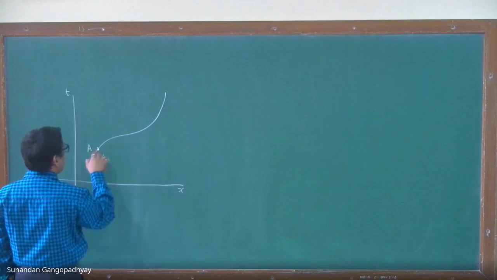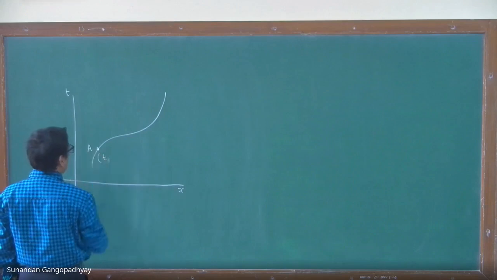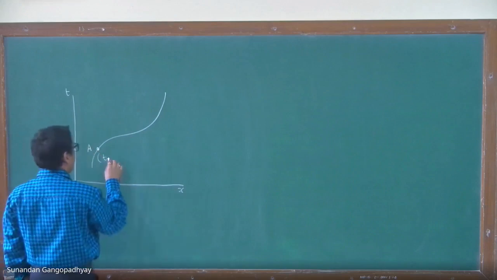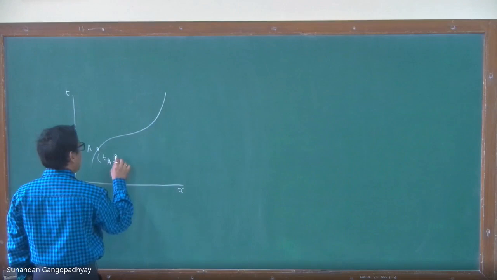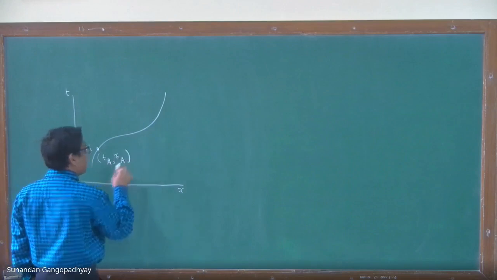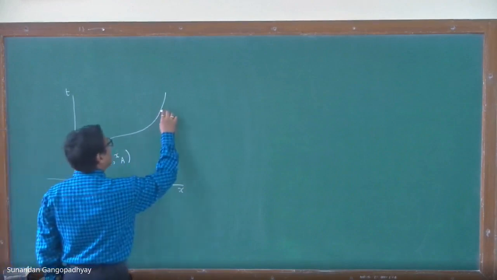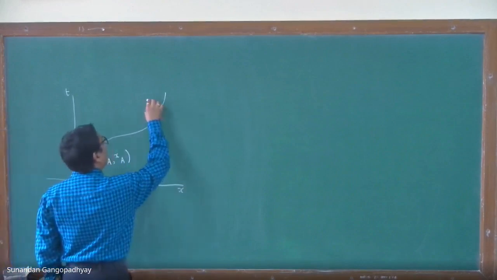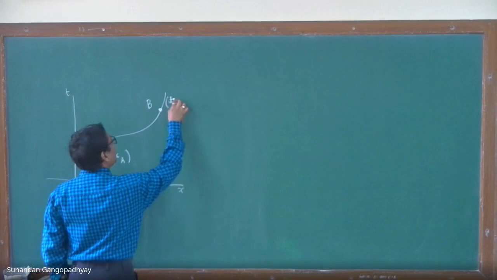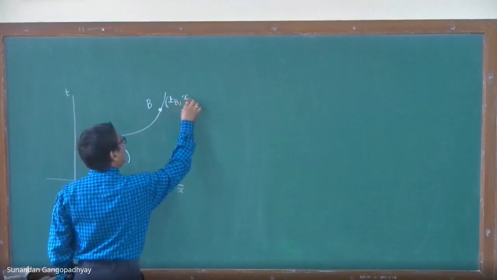This is the position of the observer denoted by K. Then this is TA, XA. Okay, and let's take another point B. This is TB, XB.